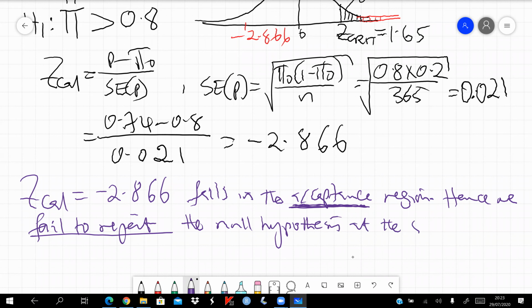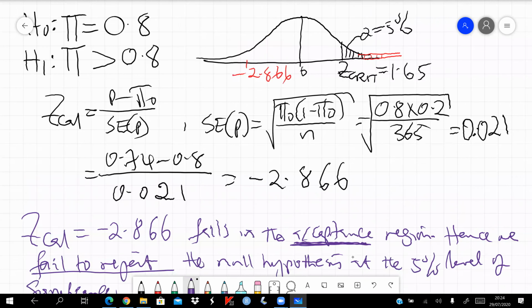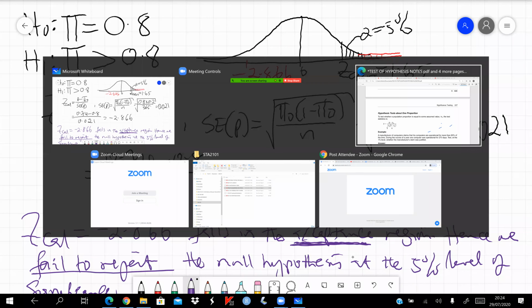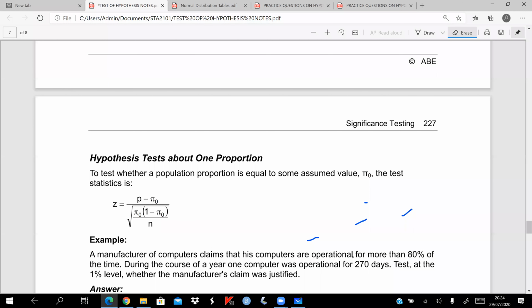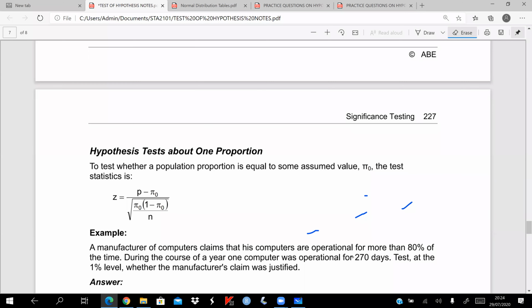At the 5%. At 1%? Who said so? We are at 5%. The question says test at 1% level, but at what level did we use in our calculation? We used 5%, not 1%.